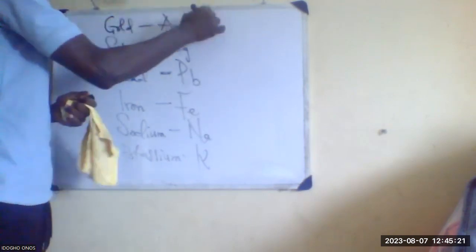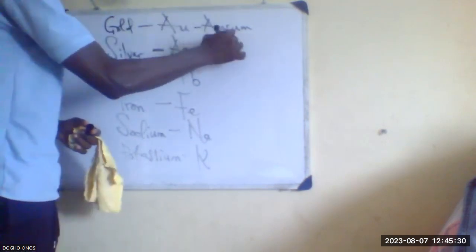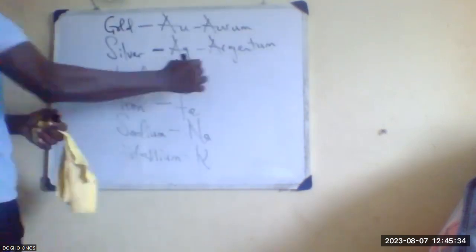Okay, and so on. Now let's look at it this way. Gold has the symbol Au from the Latin name, which is aurum. Then silver from the Latin name argentum. Lead from the Latin name plumbum.